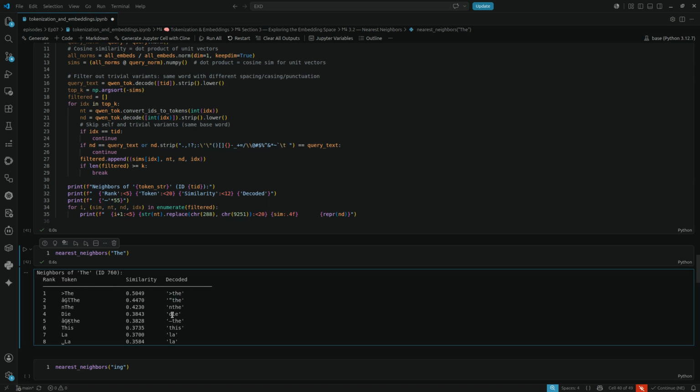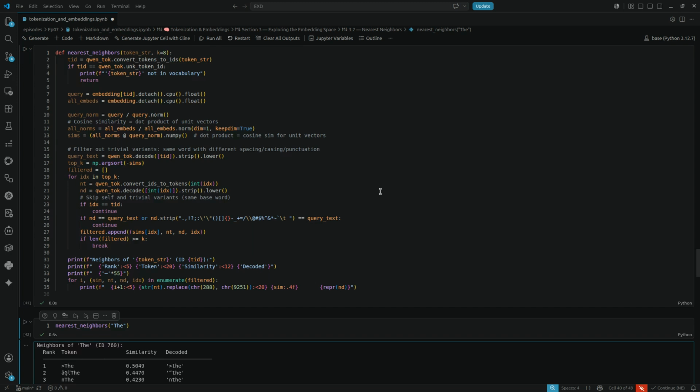But then it also found the German word for "the", which is DIE. It also found the Spanish word for "the", which is la. And it found Spanish word la with a space before it. This is incredibly cool. It actually found the word for "the" in other languages, purely using cosine similarity.